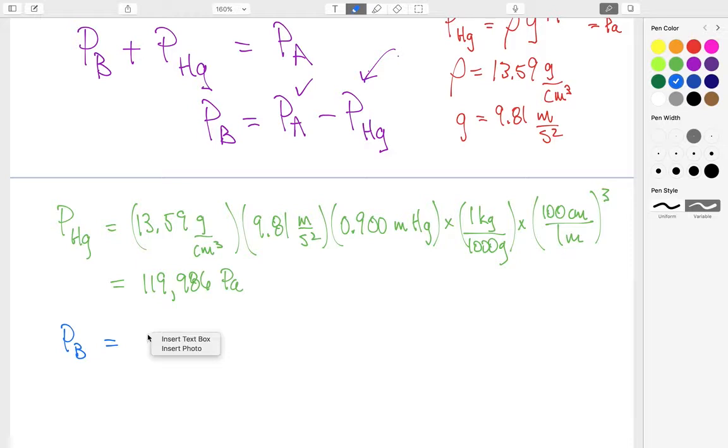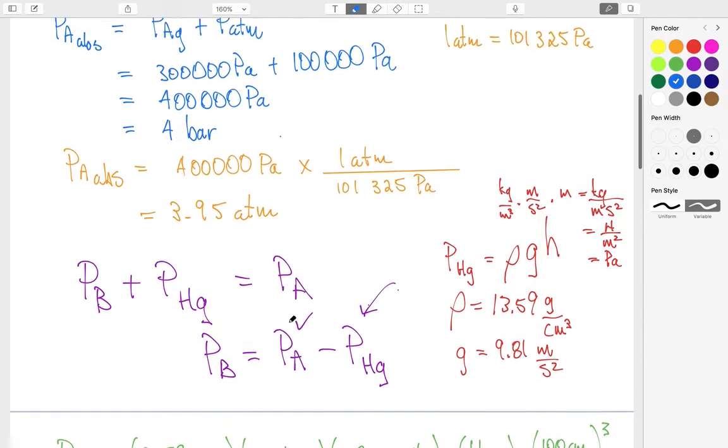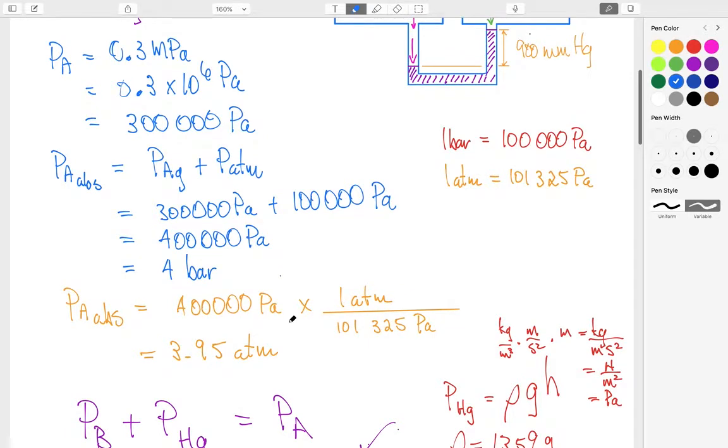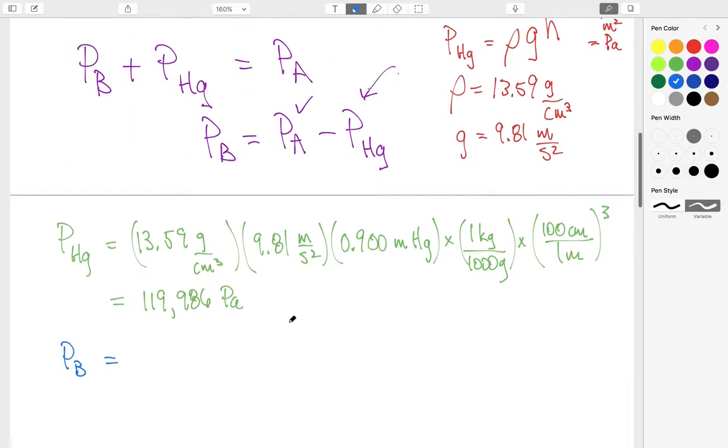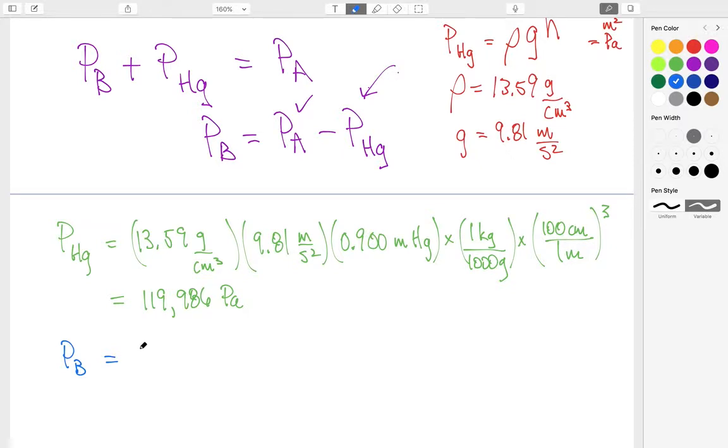So let me just have a quick look up here. What was that value we got for A? It just worked out to a nice even 400,000 pascals. So we have 400,000 pascals less the 119,986 pascals. And again, this was the absolute pressure. This is the absolute pressure in A that I'm using.